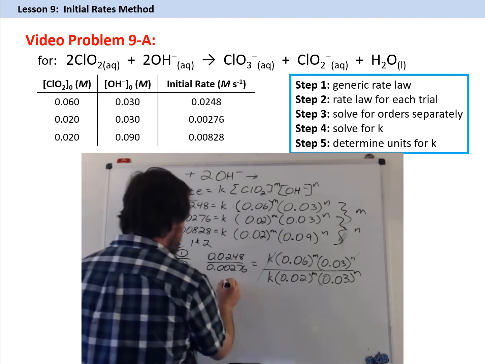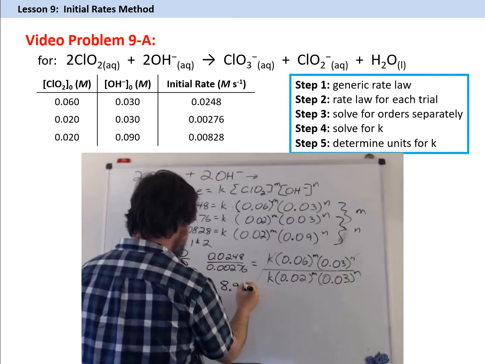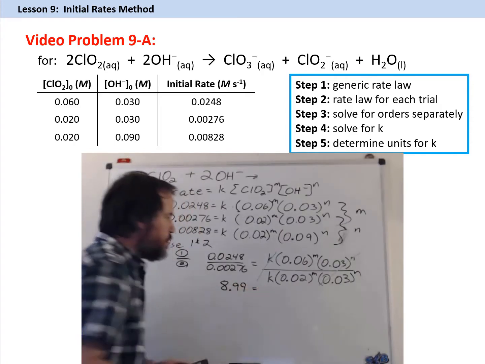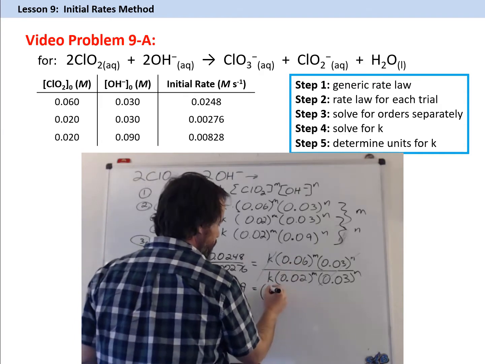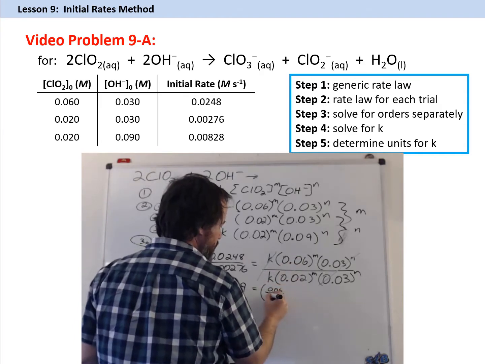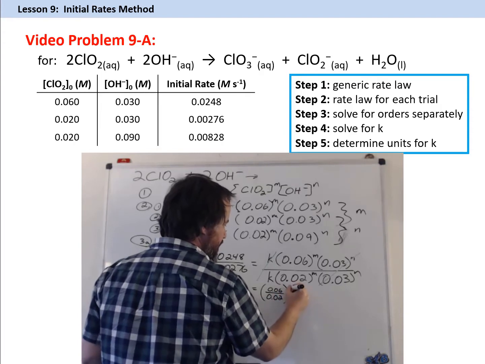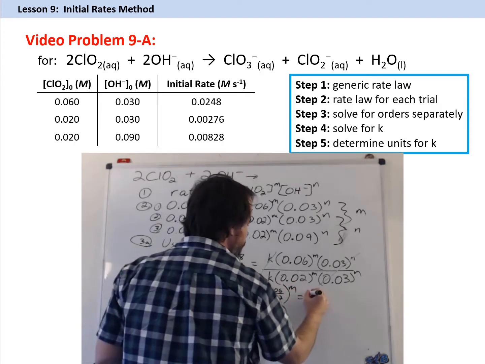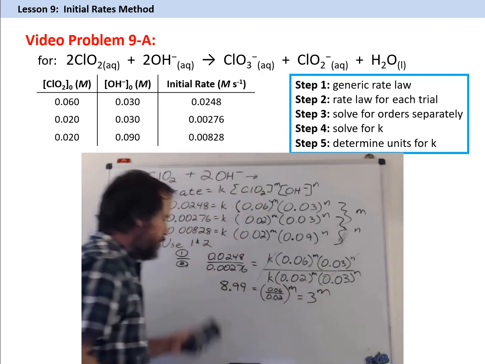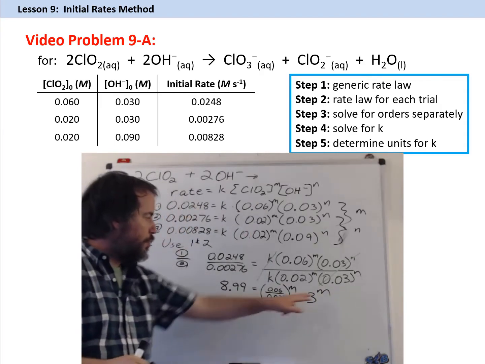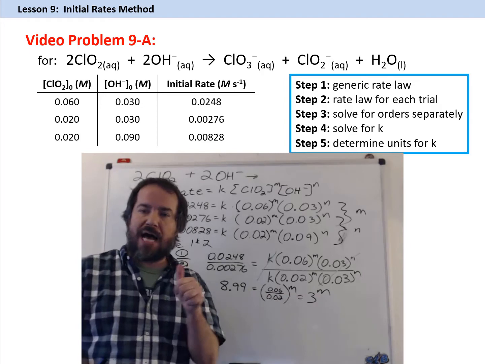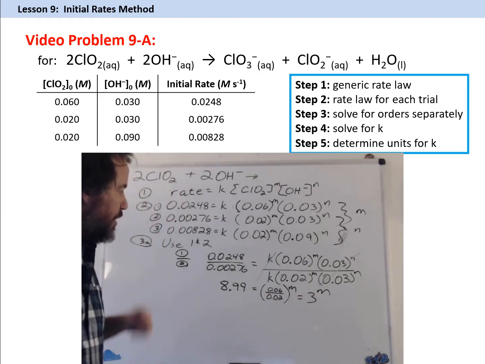That's going to get me 8.99 equals 0.06 over 0.02 to the power of m, or 3 to the m. Now, I can tell right away what m is, but let's go through the steps.